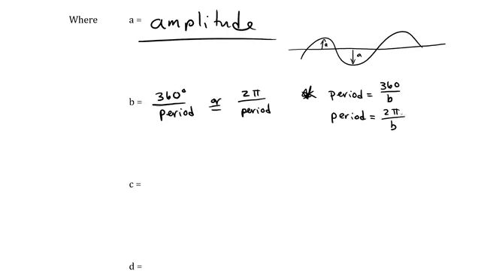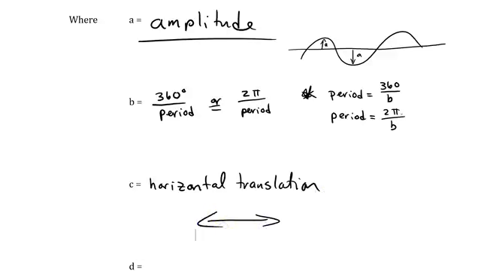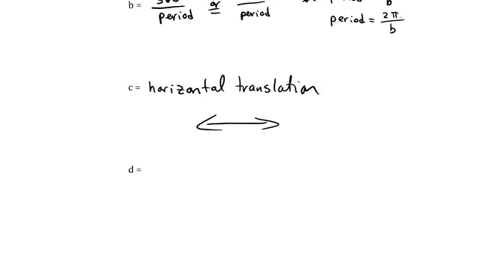C is the horizontal translation. That's how much it goes to the right or to the left. And D is the equation of the midline. How nice is that?